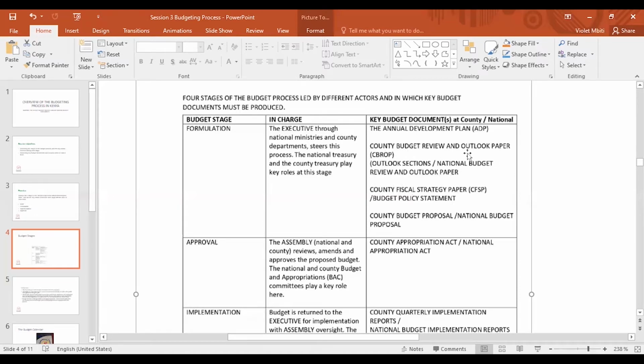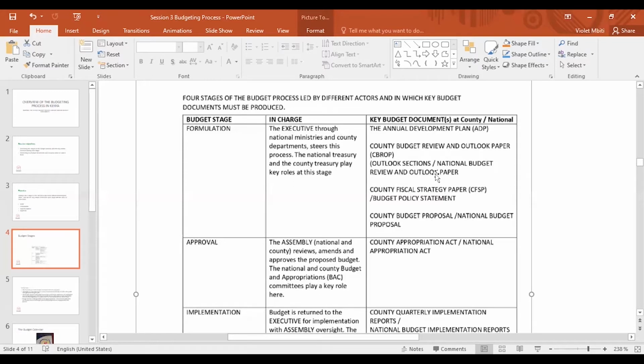Nationally, this document is known as the National Budget Review and Outlook paper. After that, there is the county fiscal strategy paper, which gives the budget ceilings for a county.